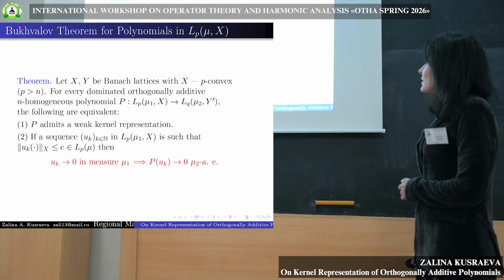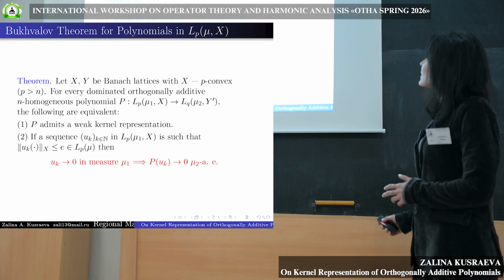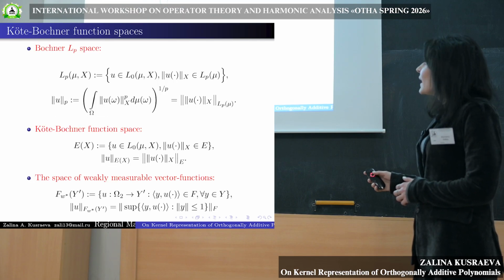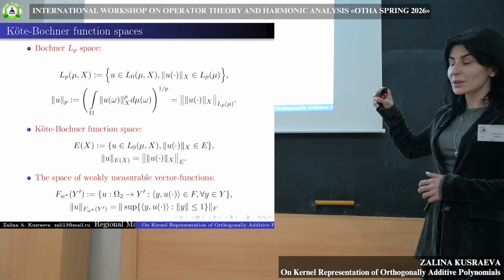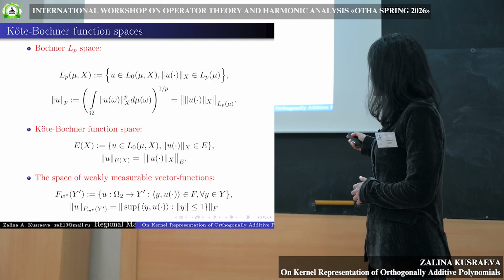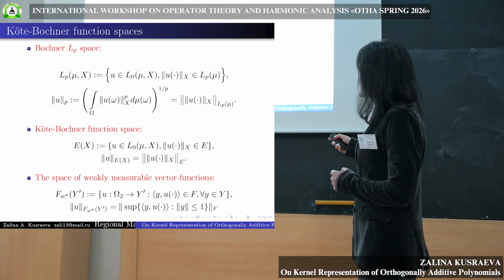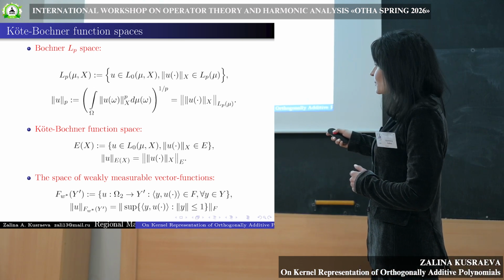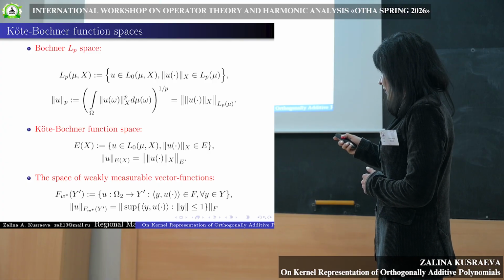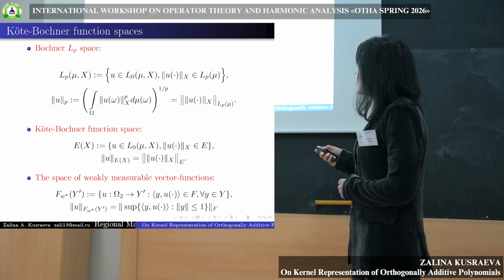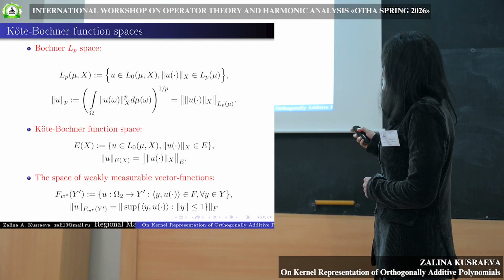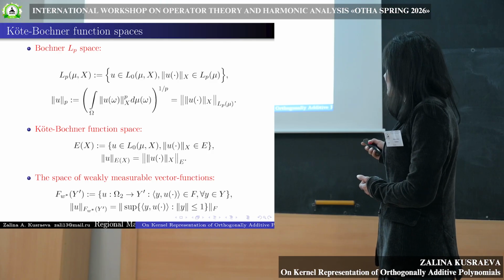It turned out that this result is true for the more general case when our polynomial acts between Köthe-Bochner function spaces instead of the Bochner L^p space. Here it is defined. I just repeated the Bochner L^p space definition here, and next to it I gave the Köthe-Bochner function space definition to show that they are very similar.